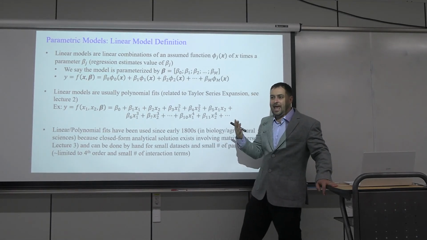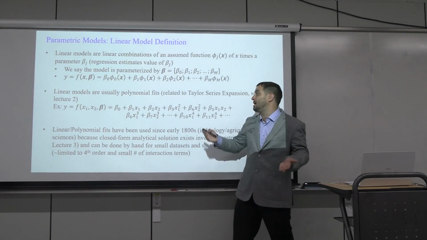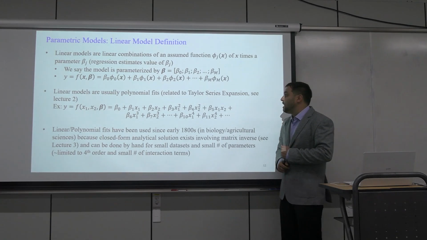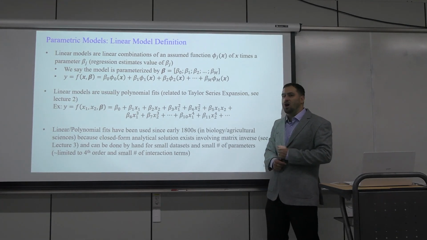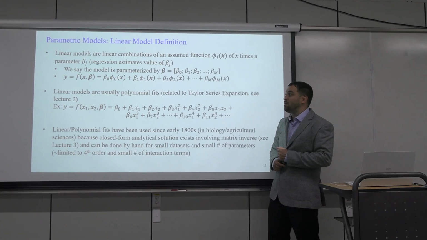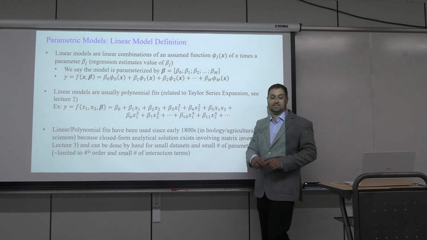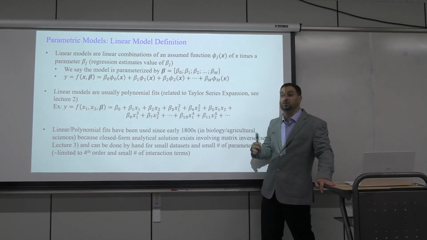And so these phis, as the analyst, you will have to assume some functional form. The most common type of linear model are actually polynomial fits. This is related to the Taylor series expansion, which we will cover in lecture 2.